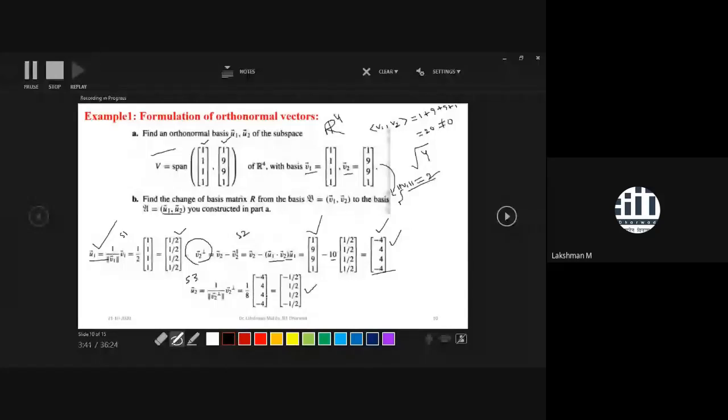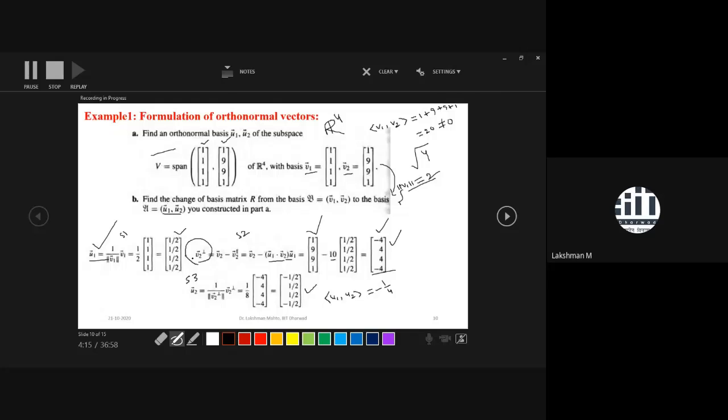So easily now you can see that U1 is a unit vector, and U2 is also a unit vector. If you are willing to find the dot product of U1 and U2, what would that be? Definitely it would be 0, because we have done the construction in such a way that geometrically everything is visible. Let us check algebraically as well. If you take the inner product of U1 with U2, it is 1 by 2 times minus 1 by 2, that is minus 1 by 4.